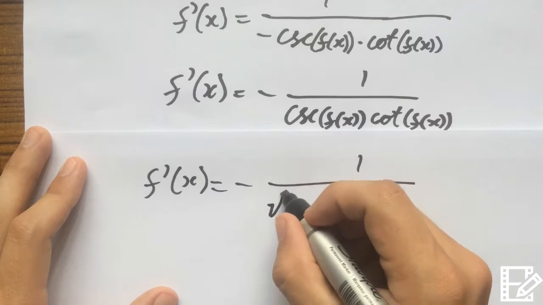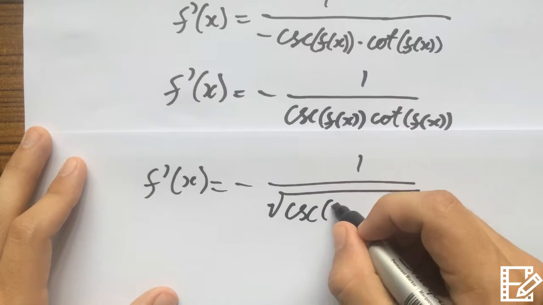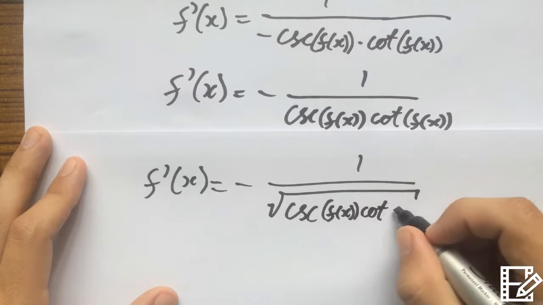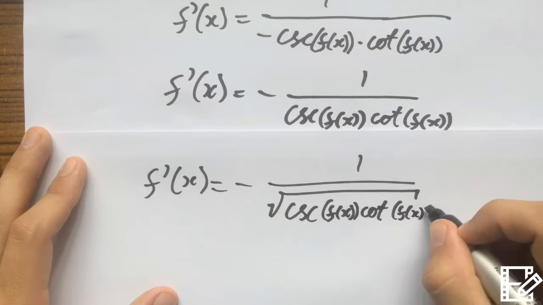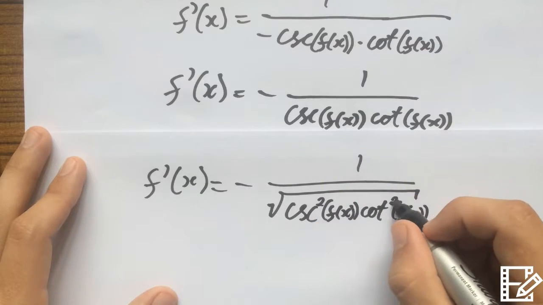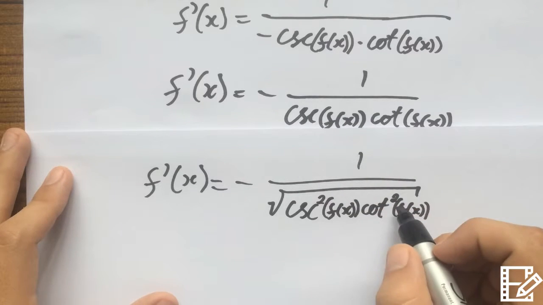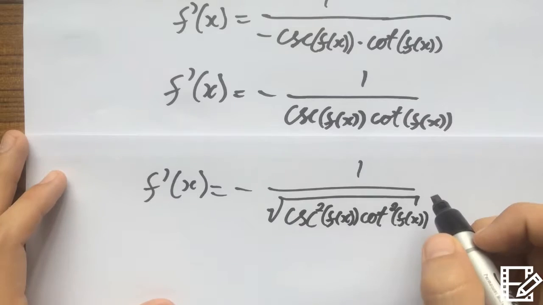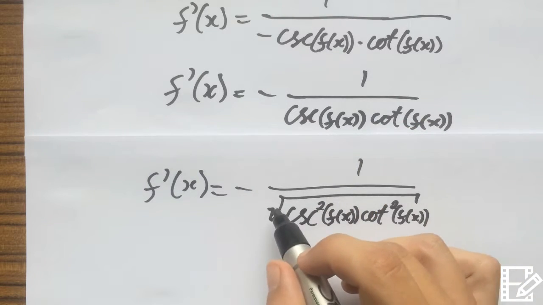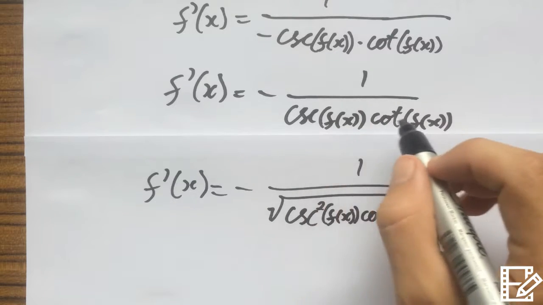Negative 1 over the square root of cosec fx multiplied by cot fx. Now for this to be the same, if I'm going to square root it, I have to square both of these. Now why? Because the squared on both of these will cancel out the square root. So this still equals this. By having a square root and both of them being squared, it's the same as writing this.